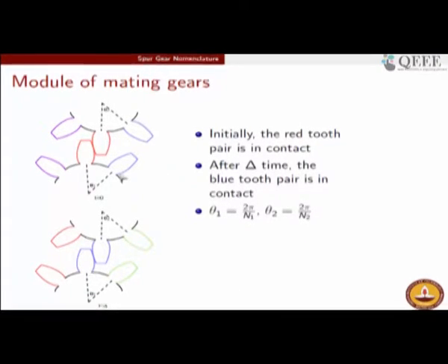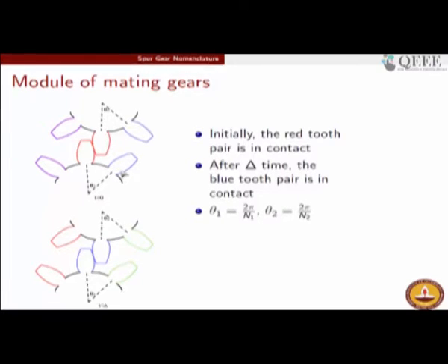Accordingly, we will first compute the distance traversed by these two blue teeth such that each is able to take the place of the red tooth at t equals 0, and that distance divided by speed will give the time, and if we know that the time has to match exactly, then we will get the conditions that we are looking for.